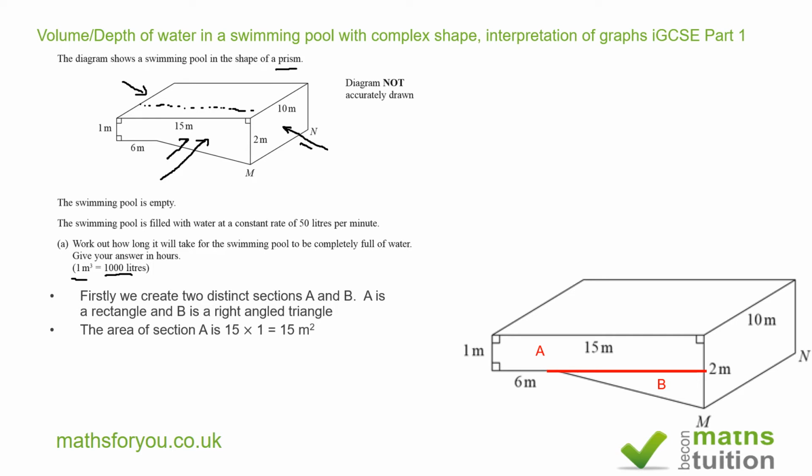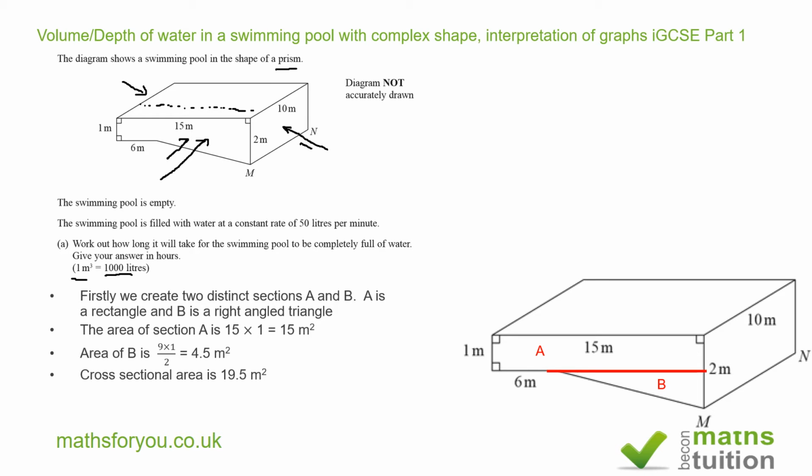And the area of section B will be 9 times 1 divided by 2, because we are looking at a right angled triangle. If we add both areas, the total area from the front elevation becomes 15 plus 4.5, which is 19.5 meters squared.